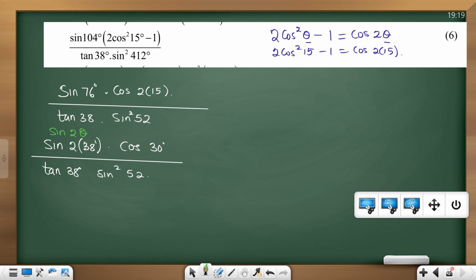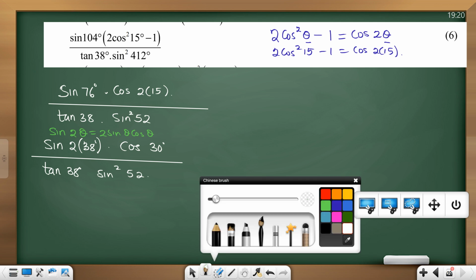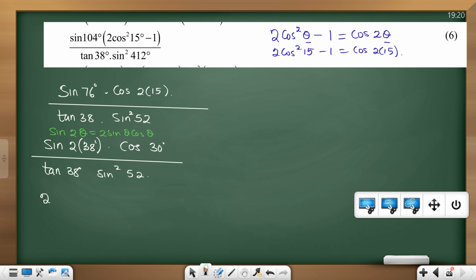It's 2 sine A cos A, which is theta here. So I can rewrite this as 2 sine 38. Do you see I'm bringing my 38 in already? Cos 38. What is tan 38?